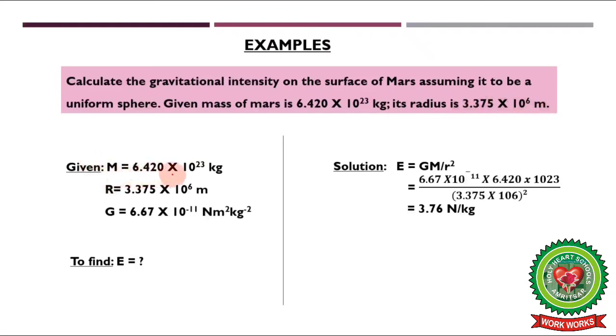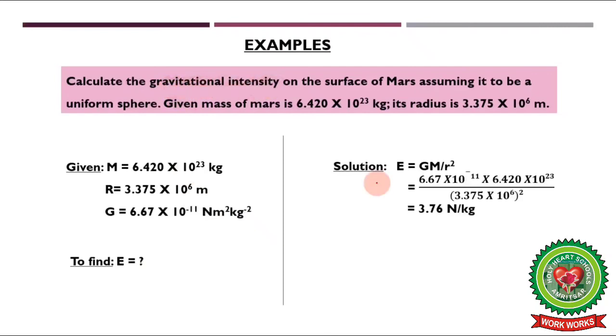Mass of Mars 6.420 into 10 raised to power 23 kg. Secondly, radius 3.375 into 10 raised to power 6 meter, and capital G, although it is not given, you have to learn it: the universal constant, equal to 6.67 into 10 raised to power minus 11 Newton meter square per kilogram square.